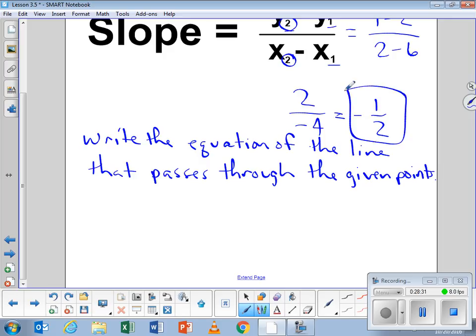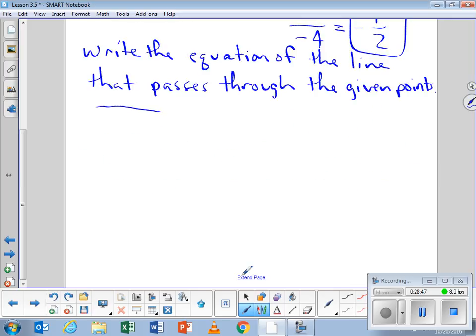Now, if they say in standard form here, then you'd have to write this in standard form, but you don't have to start in standard form. You just have to finish it in standard form. The easiest way to write this to start with is going to be the formula I gave you.